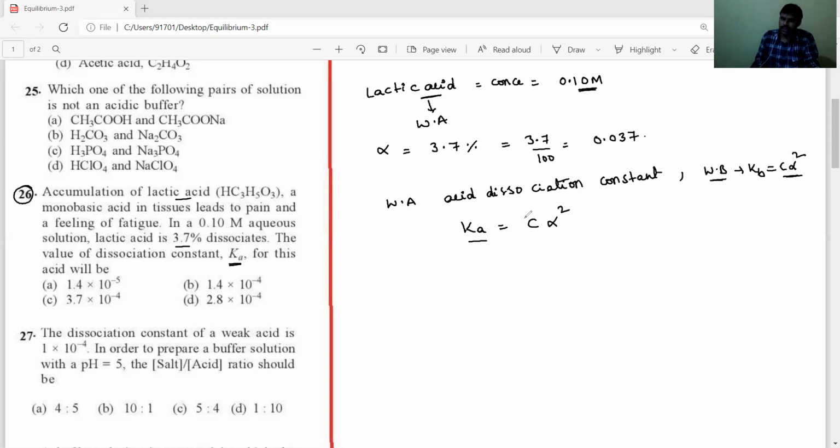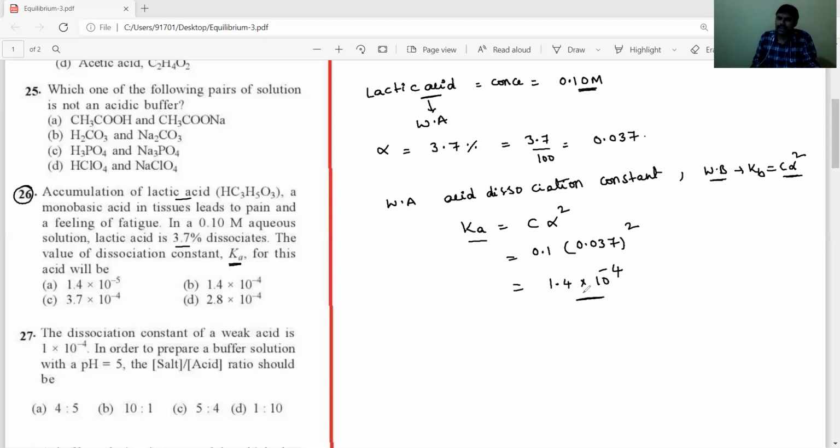Here C is the concentration of the weak base and alpha is the degree of dissociation of the base. Now in the question, how much concentration of weak acid did they give, dear students? They gave 0.1. And the alpha value we got is 0.037, whole square. Upon simplification, we get 1.4 into 10 to the power of minus 4.